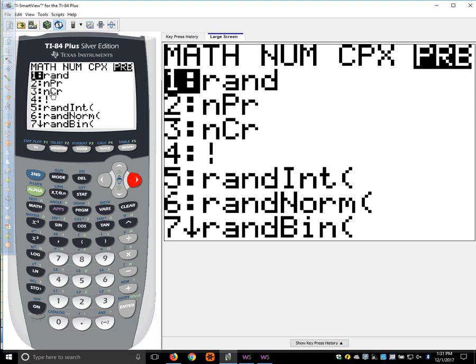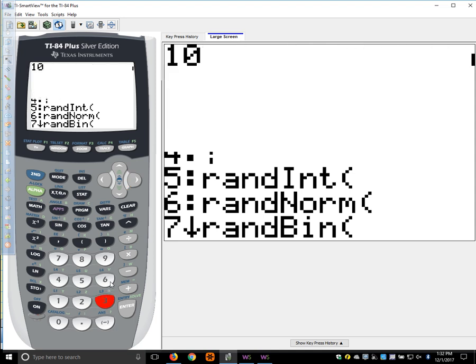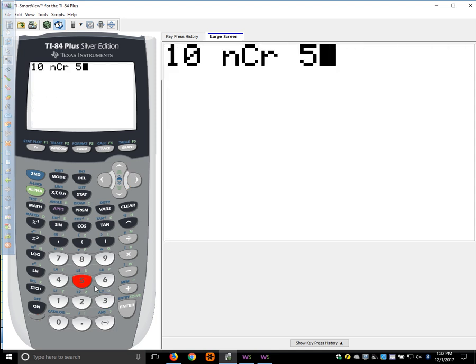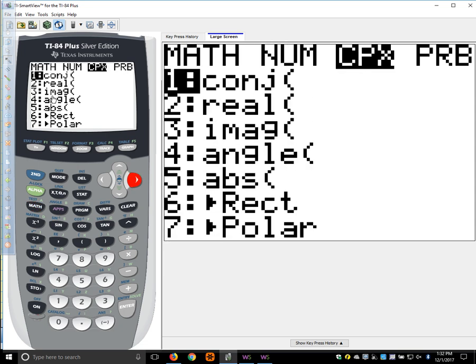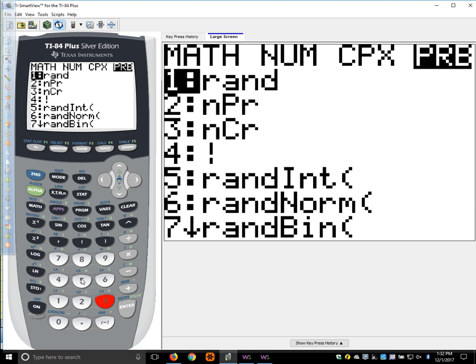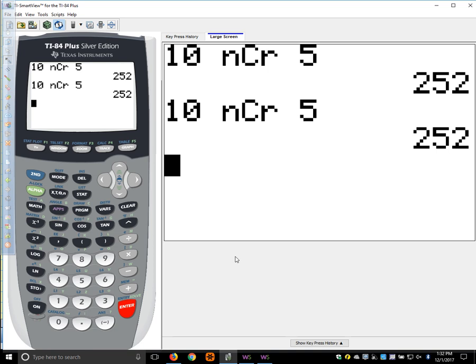And number 3 is nCr. And we're choosing 5. And I hit enter. All right, so what I did: 10, go to math, arrow over to probability, and then go to 3, nCr, 5, and you get 252.